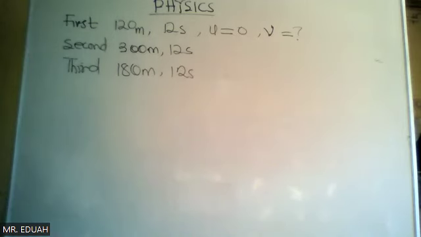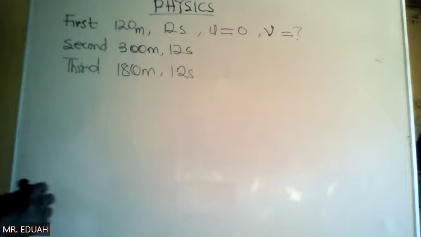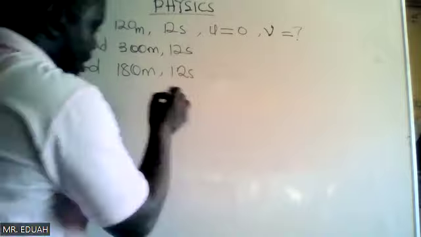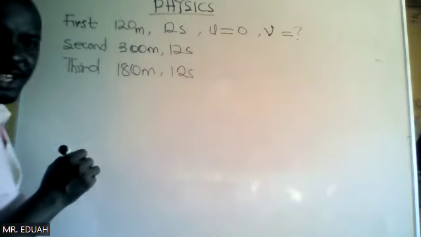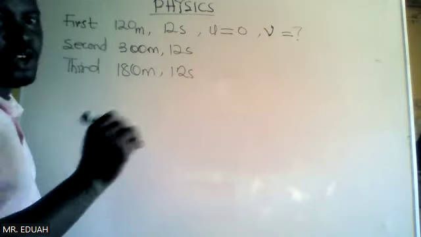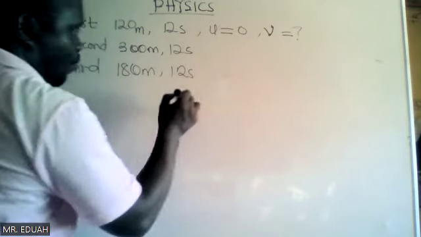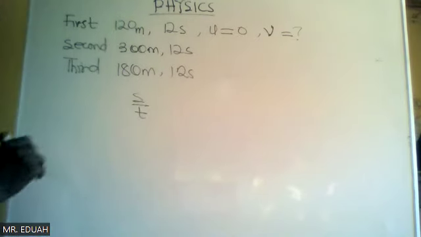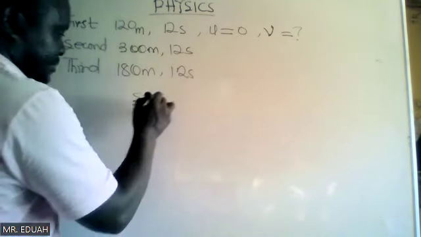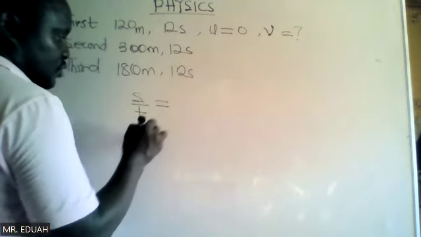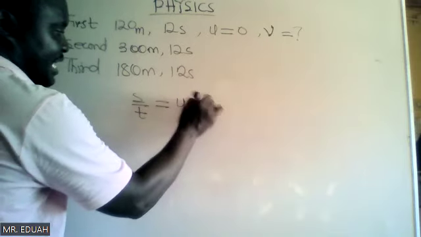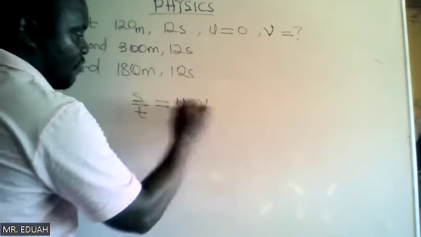Okay, so this is one way to determine this. I can use the concept of average velocity: total distance over total time taken is also equal to initial velocity plus final velocity over 2.